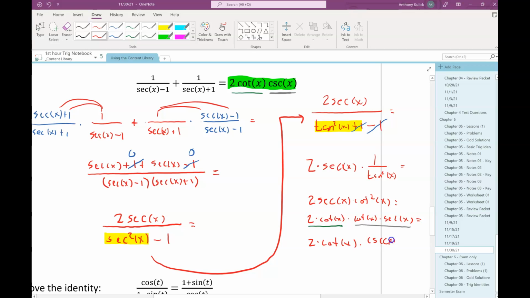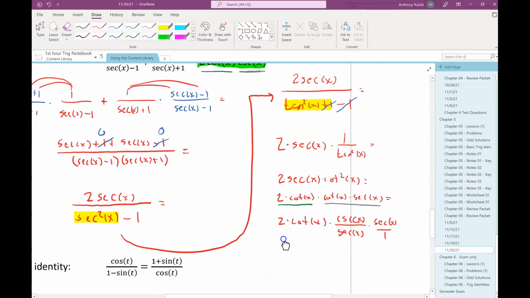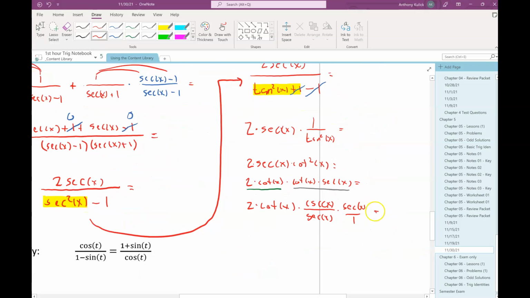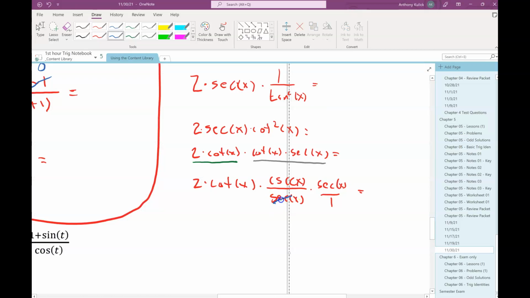And that is going to give me exactly what I need to have happen. Since this is multiplication, we can reduce, and now we're left with exactly what we wanted.